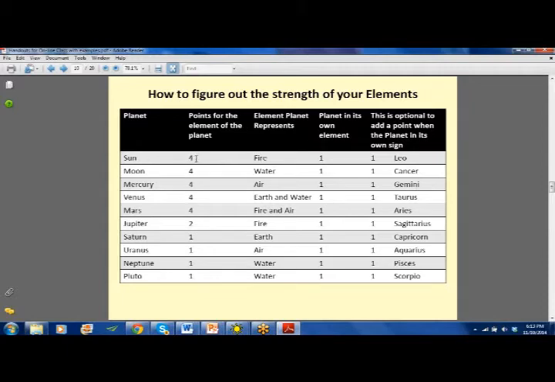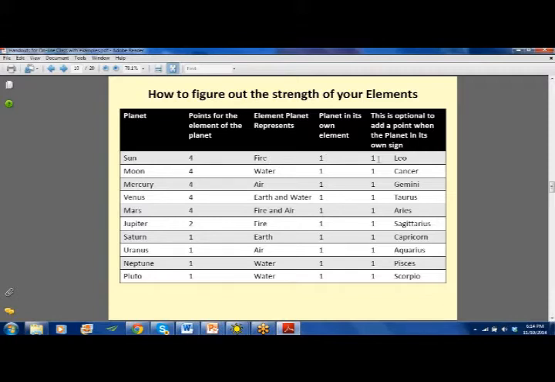So for example, whatever sign the sun is in, if it's water, you give 4 points. If it's in an air sign, you give 4 points, depending on what it is. And if it happens to be in its own sign, like say you had the sun in Sagittarius, you would add a point because it's in its own element. Sagittarius, Aries, and Leo are fire signs.